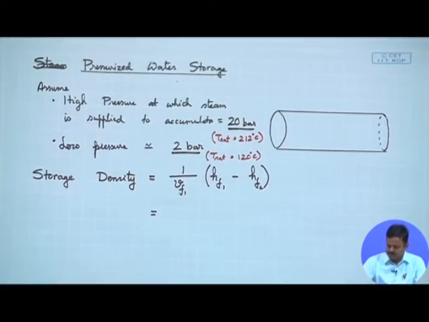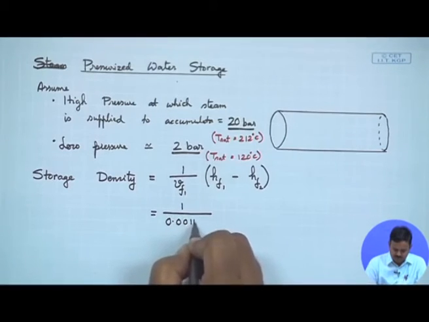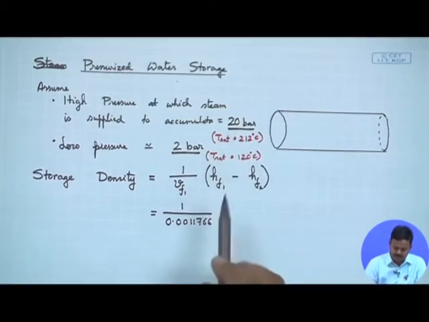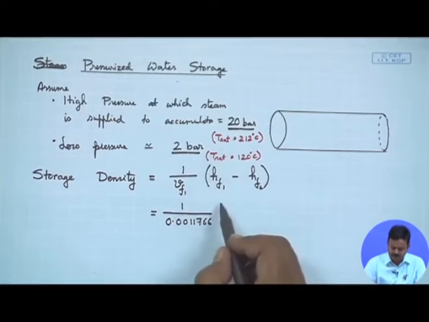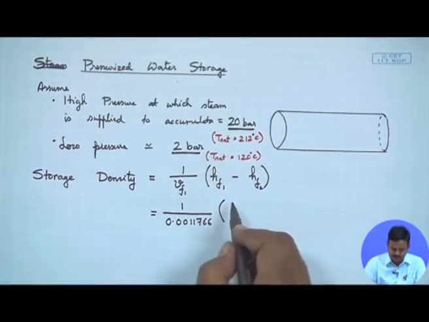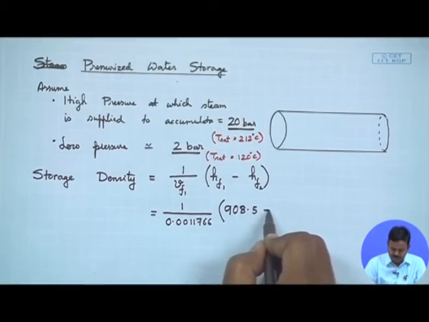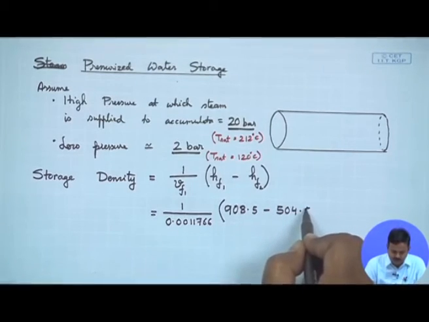If you now look at the enthalpies from the steam tables or using EES, whatever you are comfortable with, we will see that first of all the specific volume is 0.0011766 at the saturation temperature and pressure. Under saturated conditions, the liquid specific volume at 20 bar, and the enthalpies are 908.5 and 504.5.